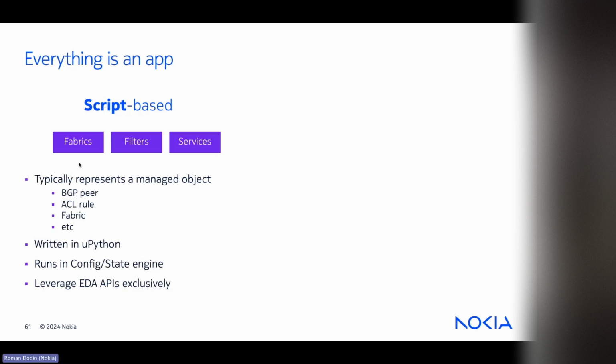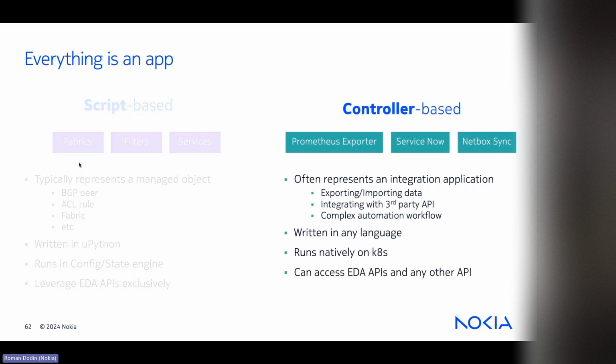But sometimes you need to go further, and you want to create apps that are much more complex. Typically, these apps are integration apps. Our app that talks to Netbox, for example, and synchronizes the pools, it is a controller-based app. And this category of apps is something that is more feature-rich.